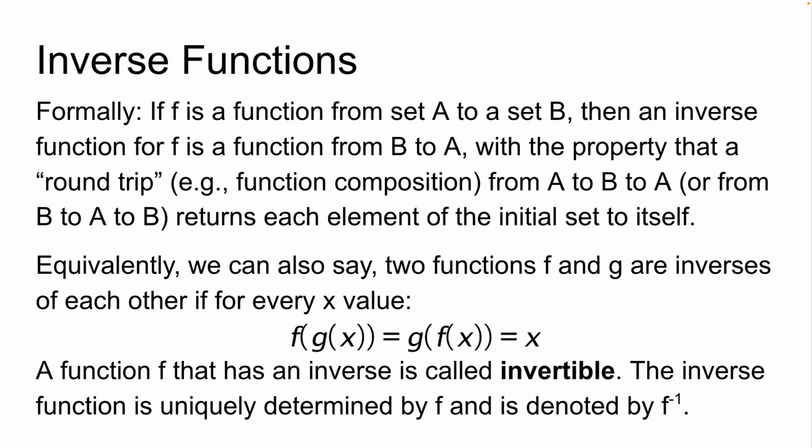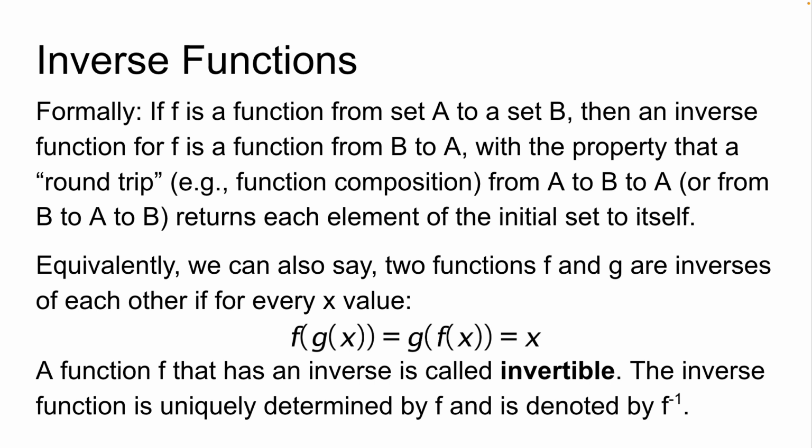Now let's formalize the idea of an inverse function. Formally, if f is a function from set A to set B, then an inverse function for f is a function from B to A with the property that a round trip, in other words, function composition, from A to B to A, or from B to A to B, returns each element of the initial set to itself.